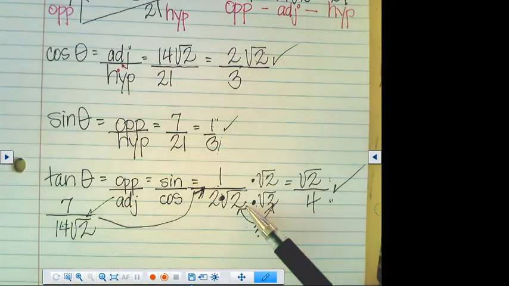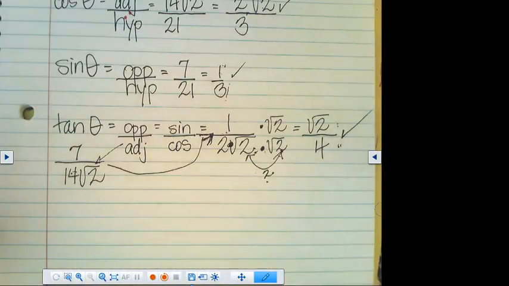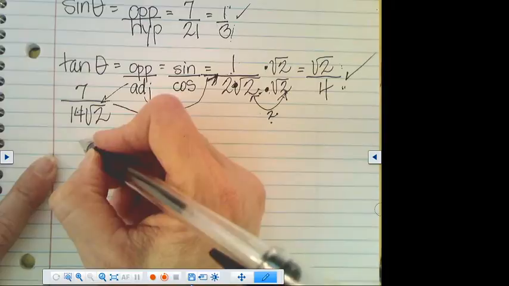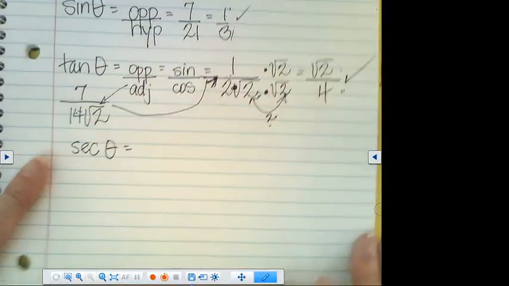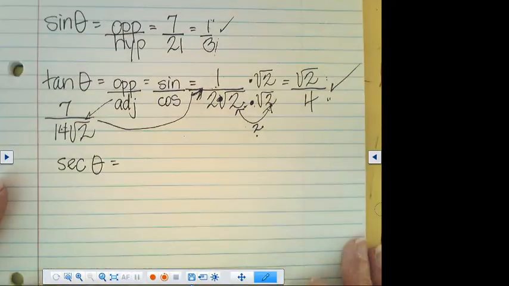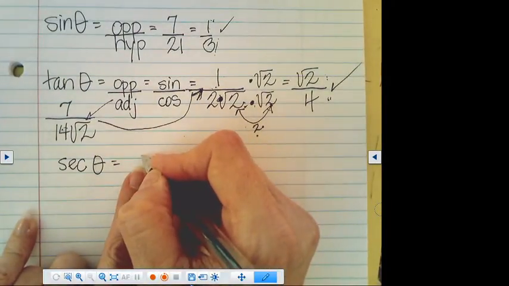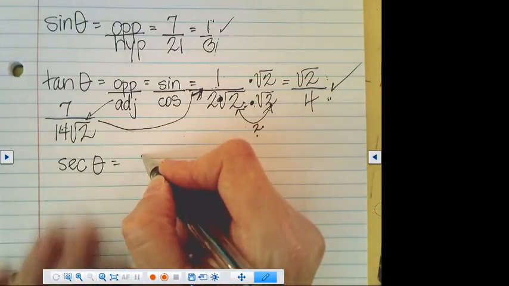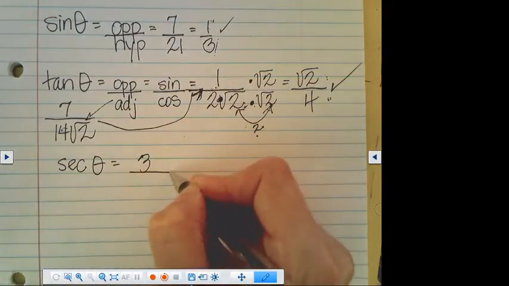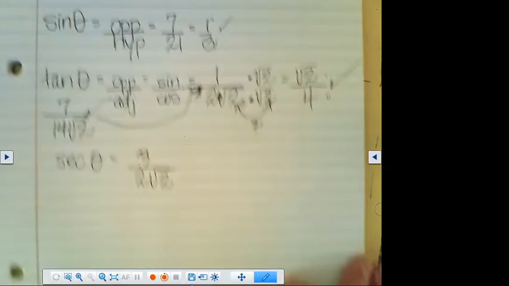Okie dokie, here we go. Y'all ready? All right. What is the reciprocal of cosine? Secant. All right. Can you look back up and can you invert that fraction for me? All you have to do is invert it. 3 goes up. 2 square roots of 2 go down to my denominator.